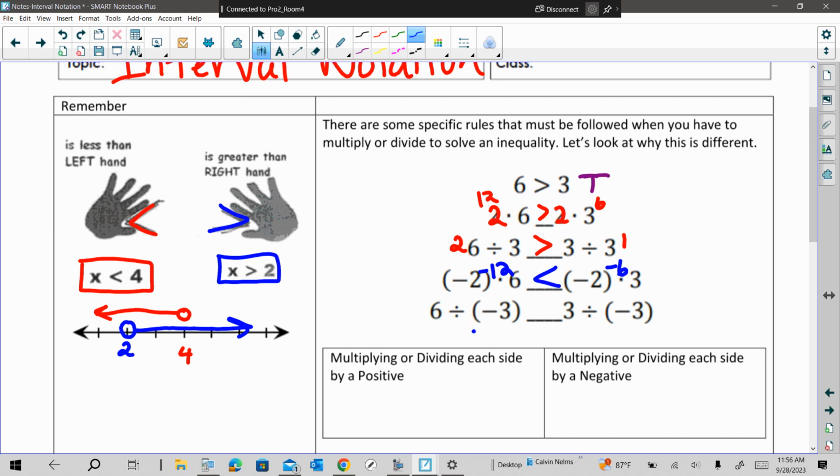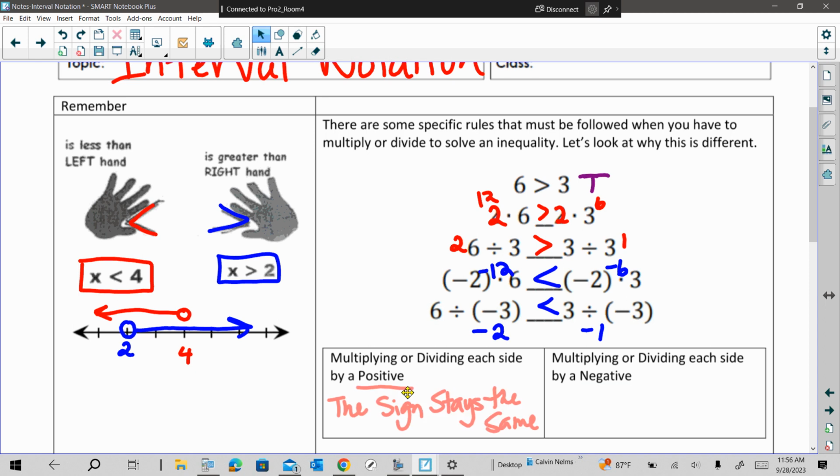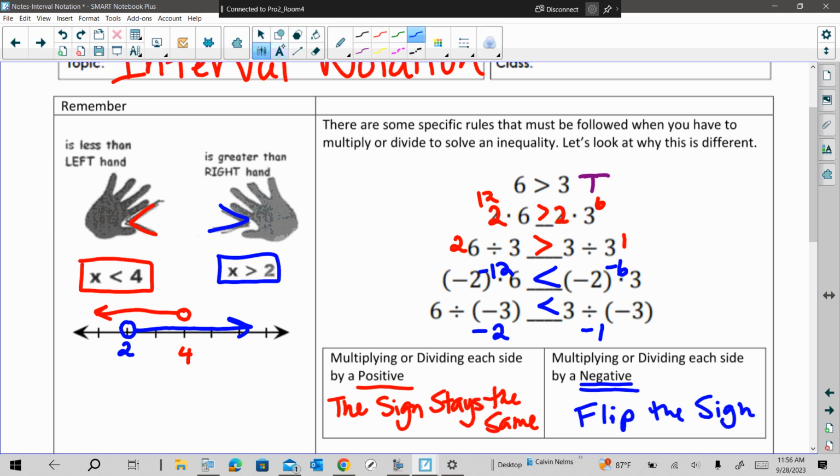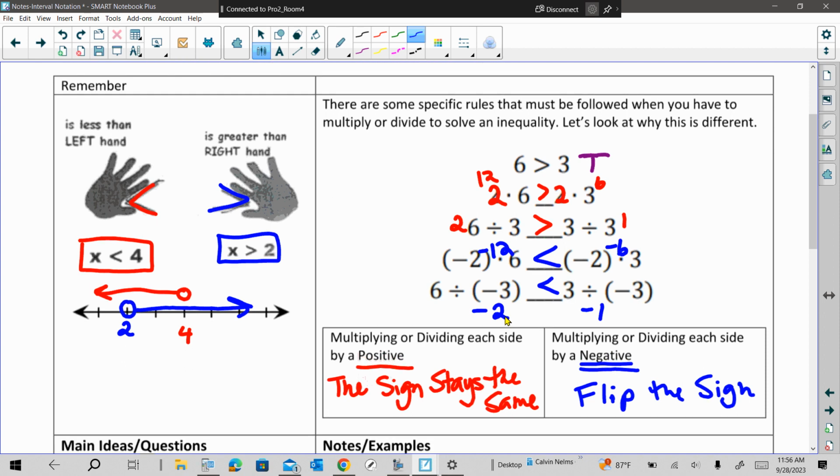Same thing if I divide: this becomes negative 2, negative 1, and negative 2 is less than negative 1. So just remember, if you multiply each side by a positive, the inequality sign stays the same. It didn't change. But if we multiply or divide each side by a negative, we end up flipping the sign. So right here we flipped when we multiplied or divided by a negative. We're just going to recap that.